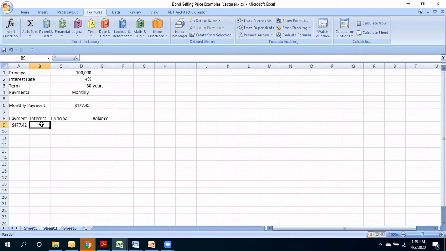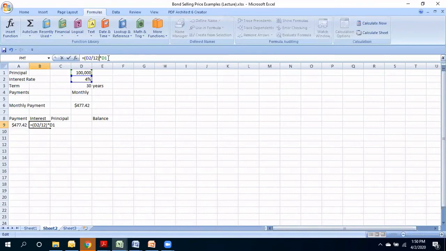How do we do that? We start with the first payment. With the first payment, we apply the interest to the outstanding balance. But remember, my interest rate is an annual rate, so I have to divide that by 12 months. I take my 4%, divide it by 12, and multiply it by my unpaid balance.